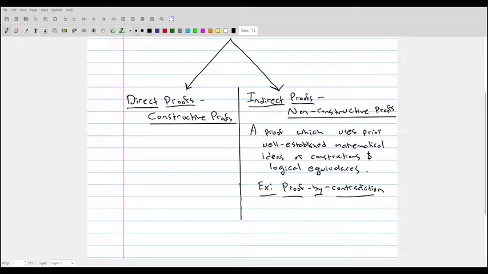Whereas a direct proof or a constructive proof uses new mathematical ideas and constructions to go through and logically prove a given statement or theorem in mathematics. The main difference between these two proof methods is that with the direct proof, we'll see that we end up constructing new mathematical objects, new mathematical sets.